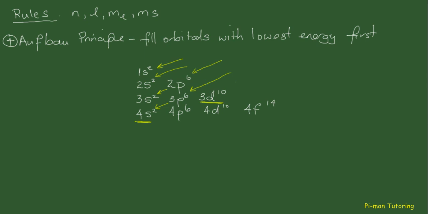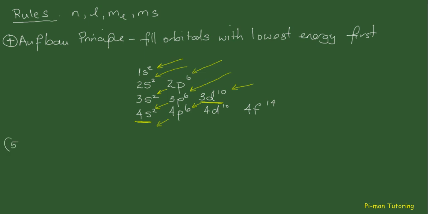So that's why this table is useful, just to remind you of that subtle sequence change that occurs. So we have 3d filling up, and then 4p6, and in fact this would carry down to 5s next. So that's the Aufbau principle, that's rule number 4, so remember that little table.